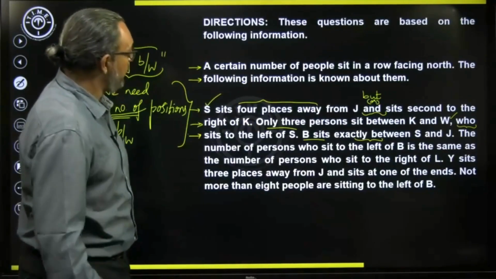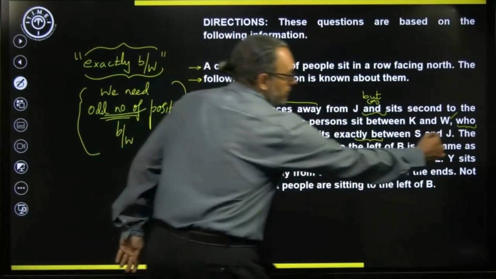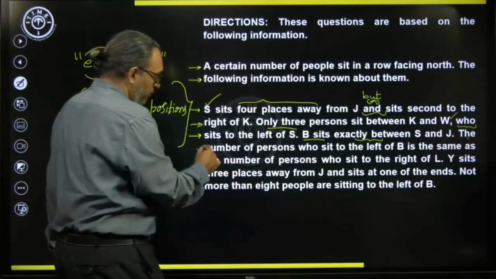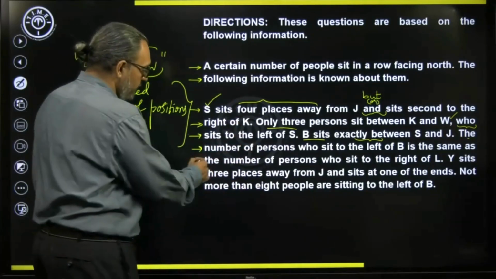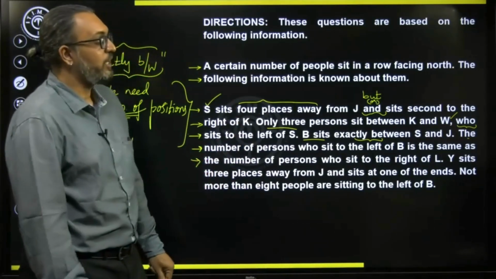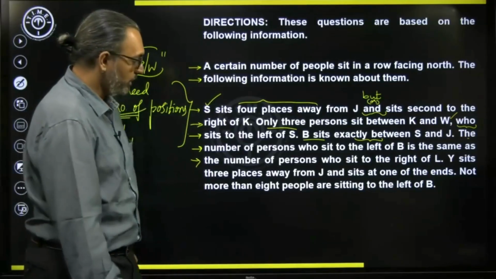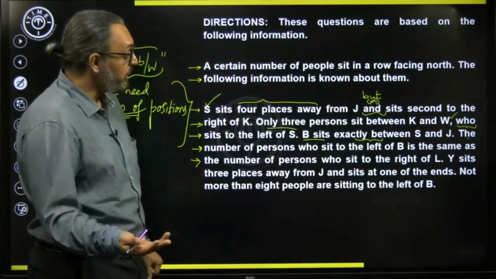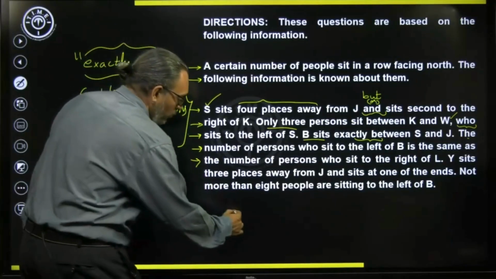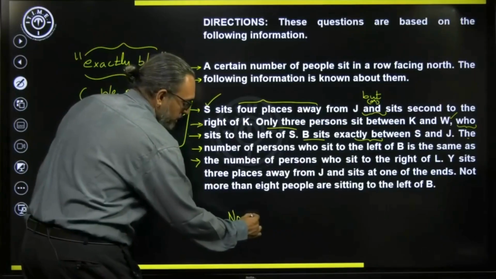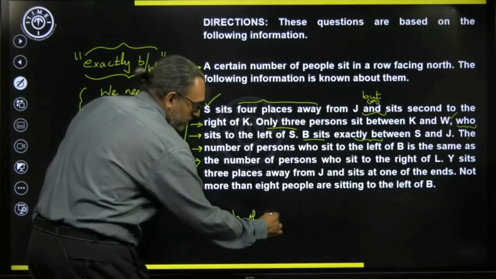Right. Next, the number of persons who sit to the left of B is the same as the number of persons who sit to the right of L. So how do you recognize this?